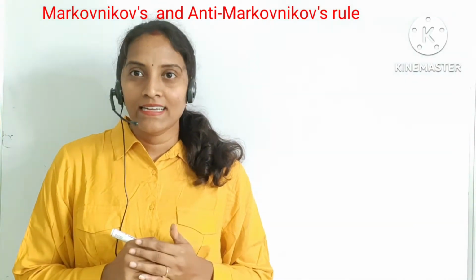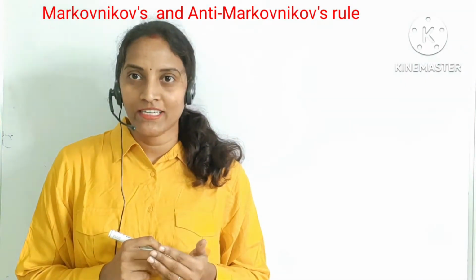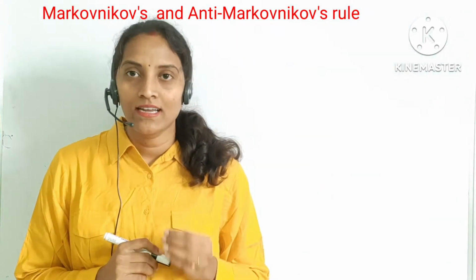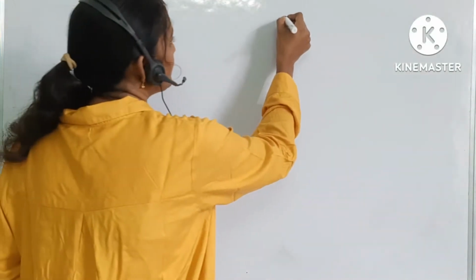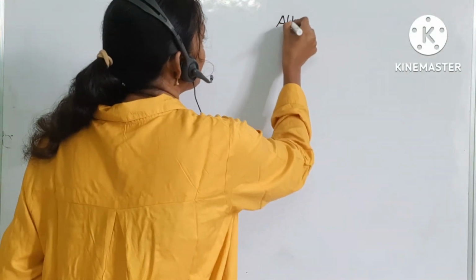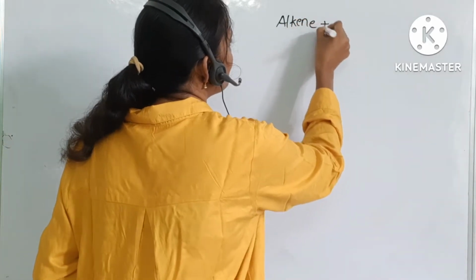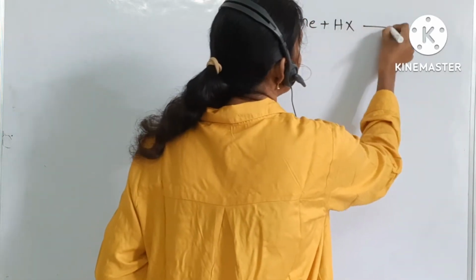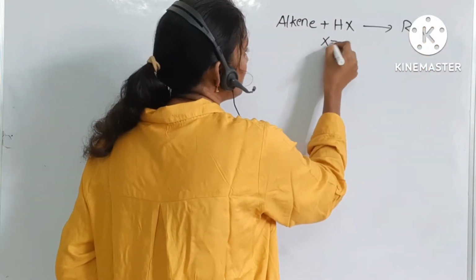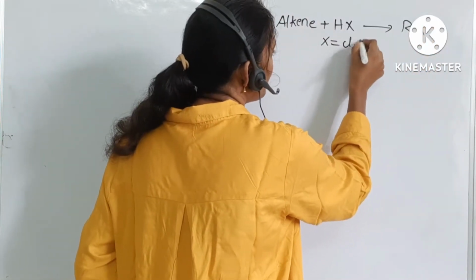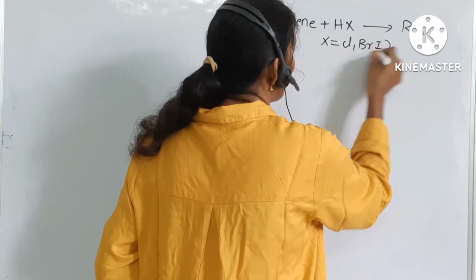When alkenes react with hydrogen halides, they will form alkyl halides. See, it is the alkene reacting with hydrogen halide that gives you alkyl halide. Here, the halogen may be chlorine, bromine, or iodine.